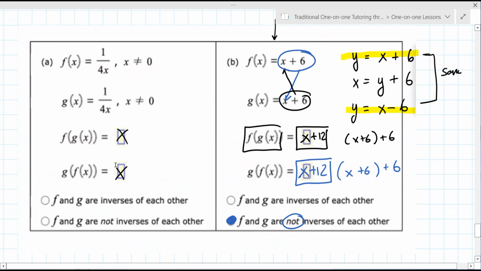So these are inverses of each other. And the earlier ones are not inverses.